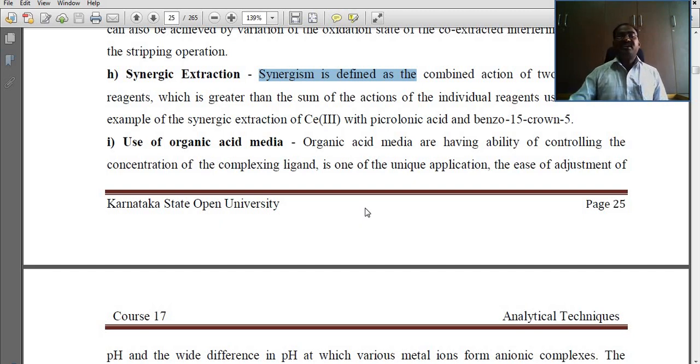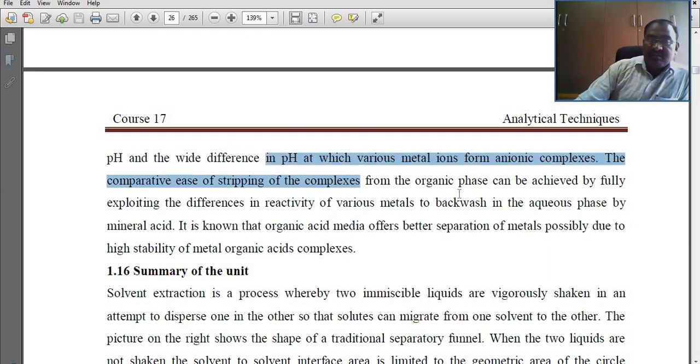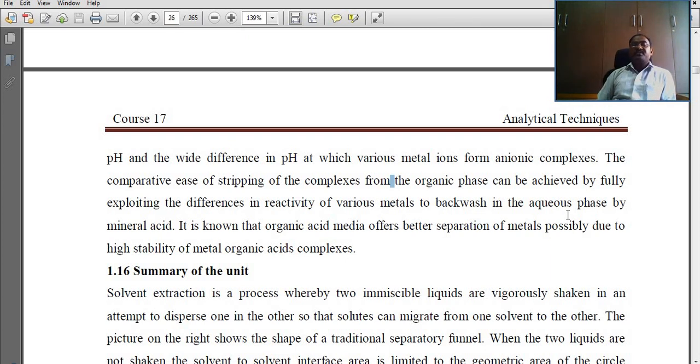One of the unique applications is the ease of adjustment in the comparative study of the stripping of the complexes formed. The organic phase can be achieved by fully exploiting the differences in reactivity of various metals to backwash into the aqueous phase by mineral acids.